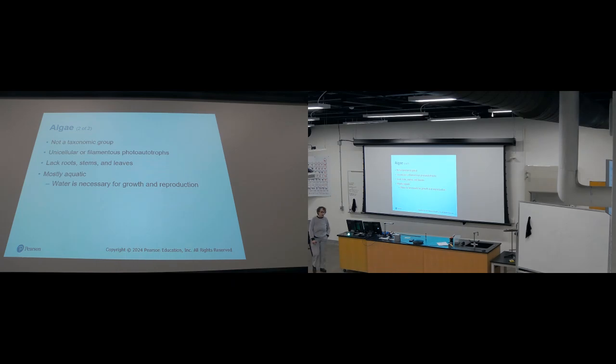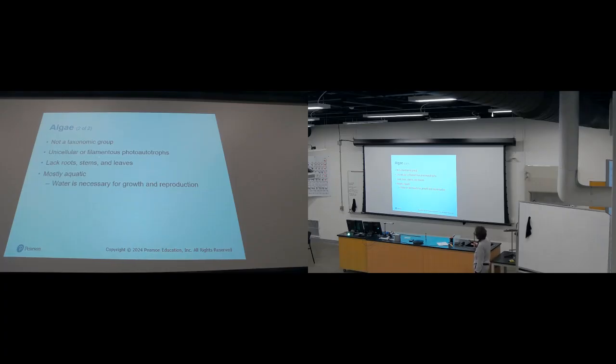Algae, the other type of eukaryotes, don't have a taxonomic group. I'm pretty sure that there is not so much variation. That's why they don't make this taxonomy classification. They are either unicellular or they form filaments.